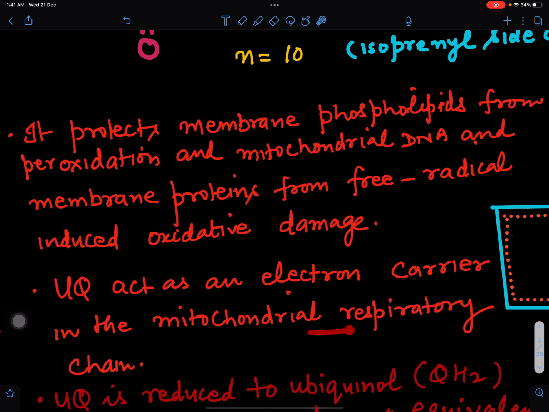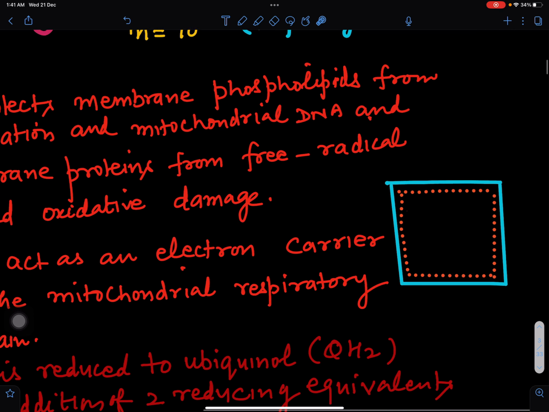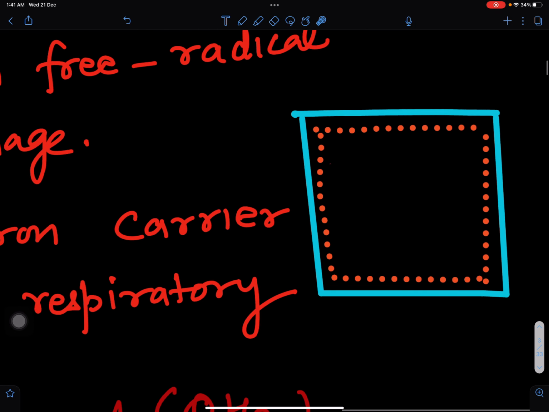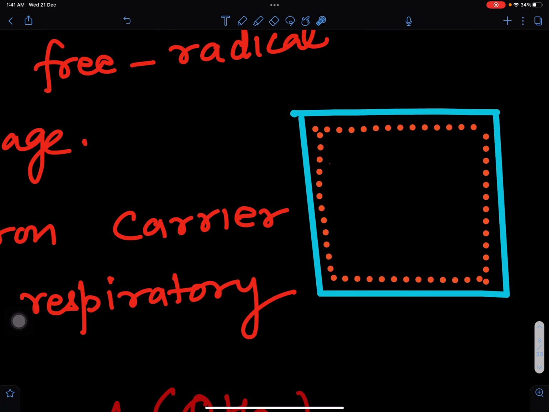So where it is found, it helps carry the electrons. So this will protect the membrane phospholipids from peroxidation as well as the DNA of the mitochondria as well as mitochondrial membrane proteins. When peroxides are produced, those proteins or phospholipids may get damaged.